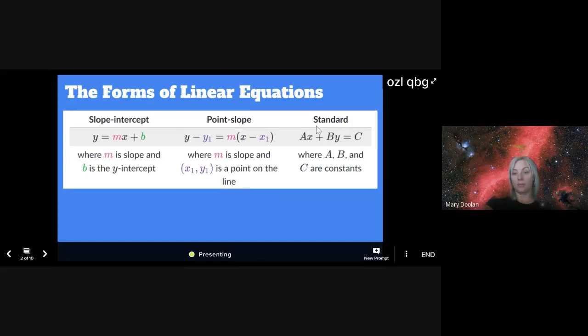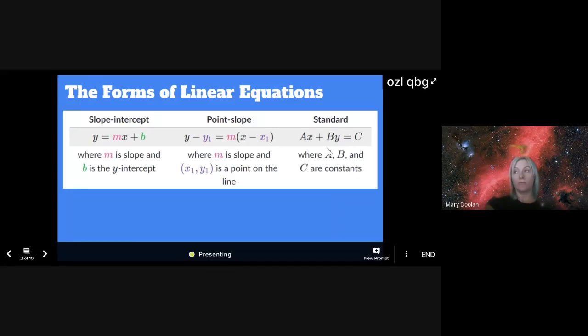The last form is called standard form: a times x plus b times y equals c. In this form, a, b, and c are all constants. Constants are just numbers.